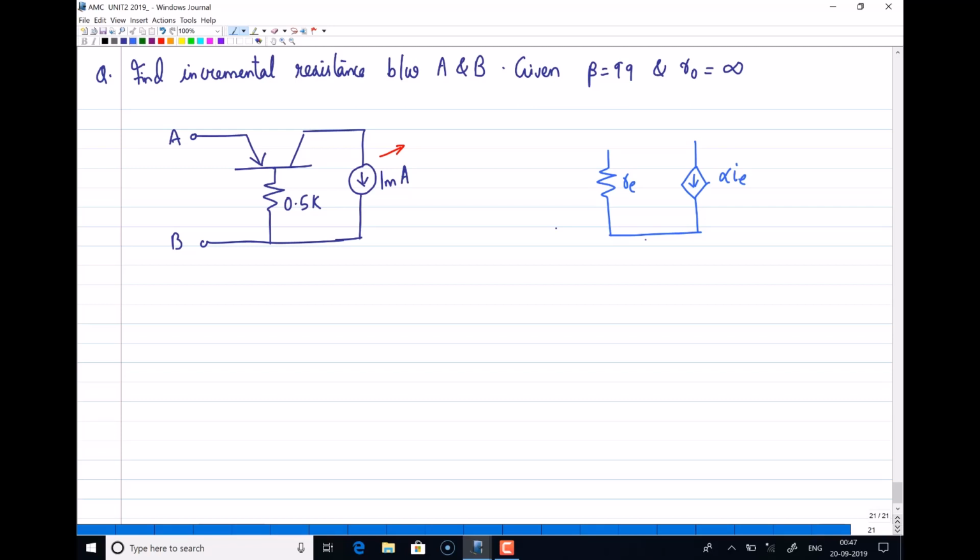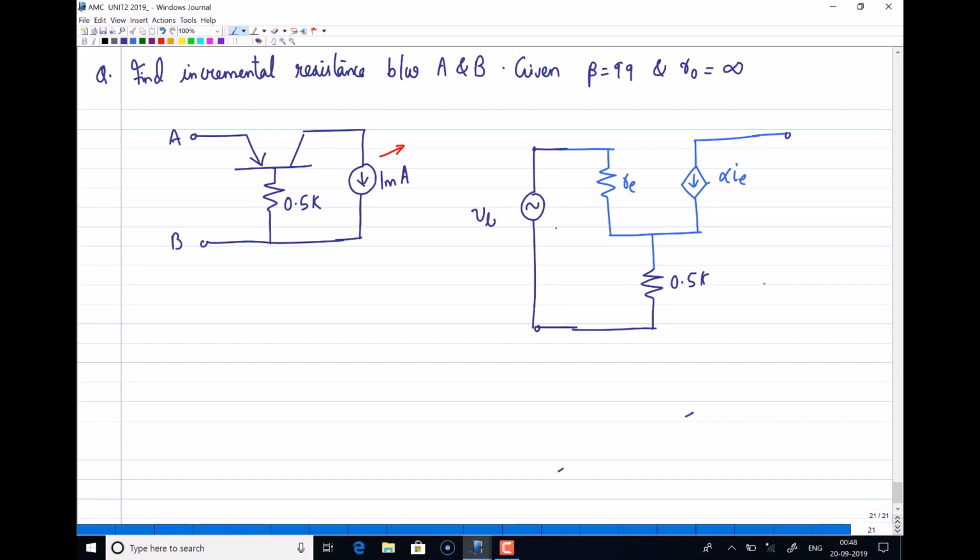Given that R0 is infinity, there is no need to consider any output impedance here, but you have a 0.5k resistance here, which is connected to this point. This is the equivalent circuit. Now you are supposed to find the impedance between points A and B. That means I'll connect a test voltage V test here, which will in turn give I test here.